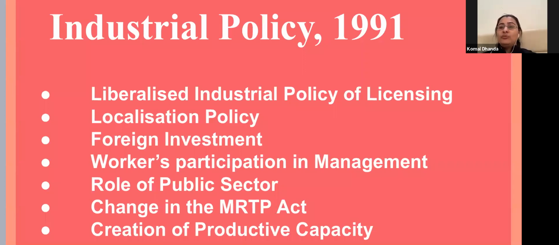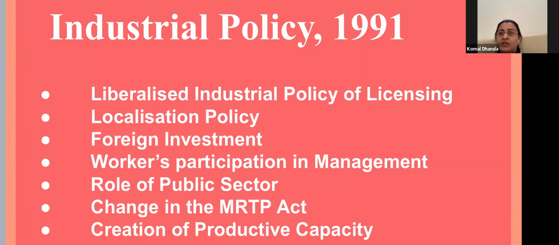Then role of public sector. Here, before 1991, mostly everything was under the control of the public sector, and those were underperforming, right? So those public undertakings which were not doing well at that time, but which had enough chances or room for improvement, should be reconstituted.